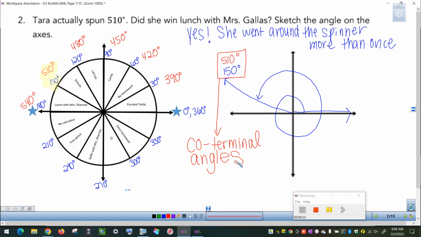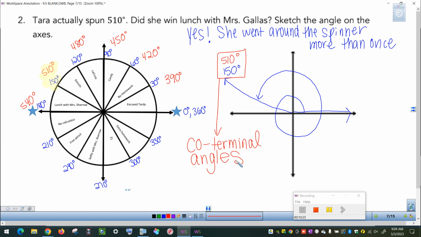So if I start at 150, and then I'm spinning around, and I'm going to land in the same place, how many degrees did I go? I'll show you again. How many degrees if we go one full time around the circle? That's right, it's still 360 degrees.